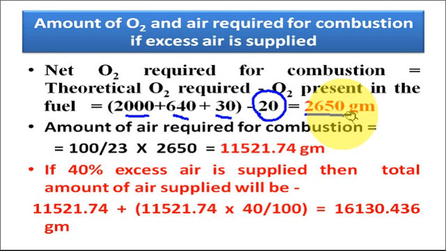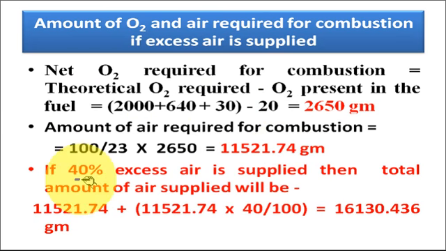This we have already discussed in our previous class. And the amount of air required is the amount of oxygen required multiplied by 100 by 23. So this is the amount of air required for the combustion reaction. Now the case is that 40% excess air is supplied.